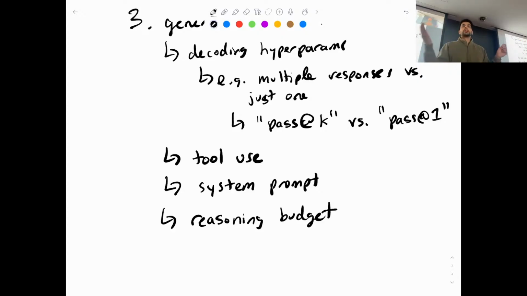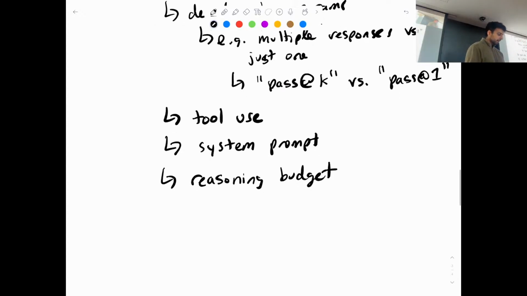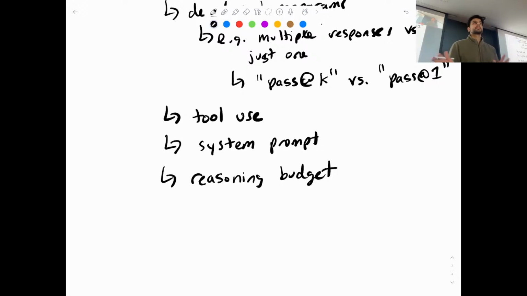So it's not really fair to compare, on say a math benchmark, a model that has a reasoning budget of 20,000 tokens to one that is not allowed to reason at all, right? So you might want to have some standards on how much your model is able to think. Okay, great. Does that make sense? These are the high-level things to think about when you're looking at new benchmarks.